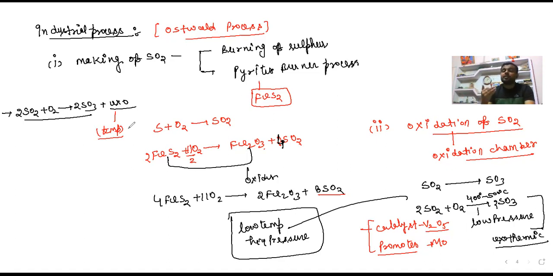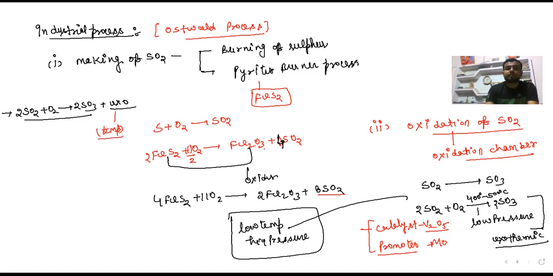So the reaction will shift to the left side. That means less amount of SO3 will be formed. So generally, if a reaction is exothermic, temperature should be low for optimal condition. And if temperature should be low, we can relate that pressure should be high. Okay, beta.